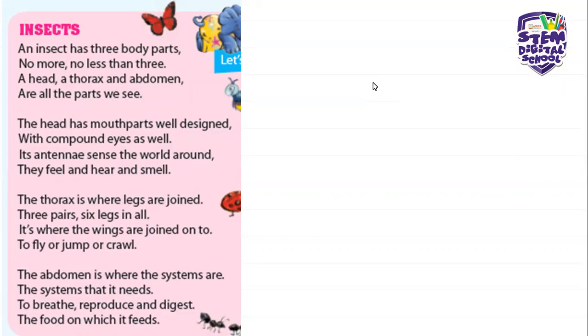Three pairs, 6 legs in all. It's where the wings are joined onto to fly or jump or crawl. The abdomen is where the system that needs to breathe, reproduce, and digest the food on which it feeds. Thank you so much.